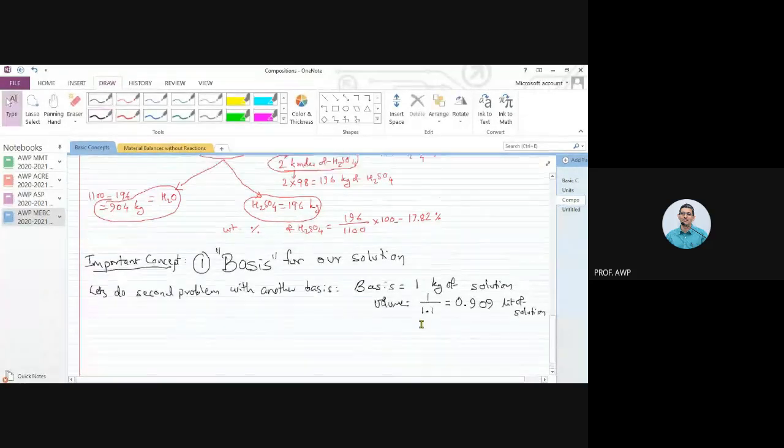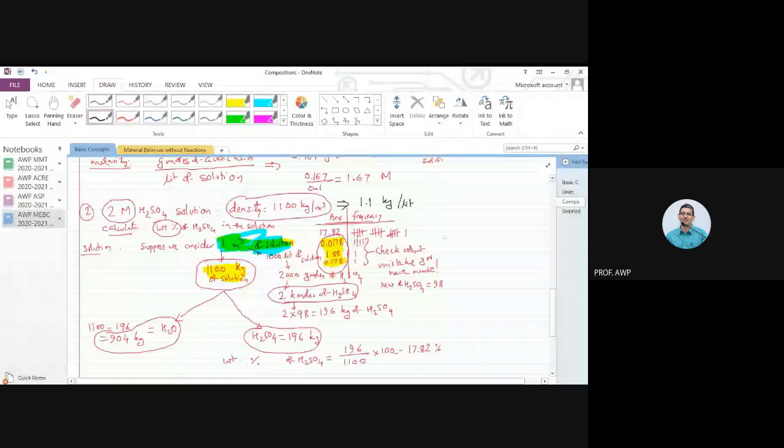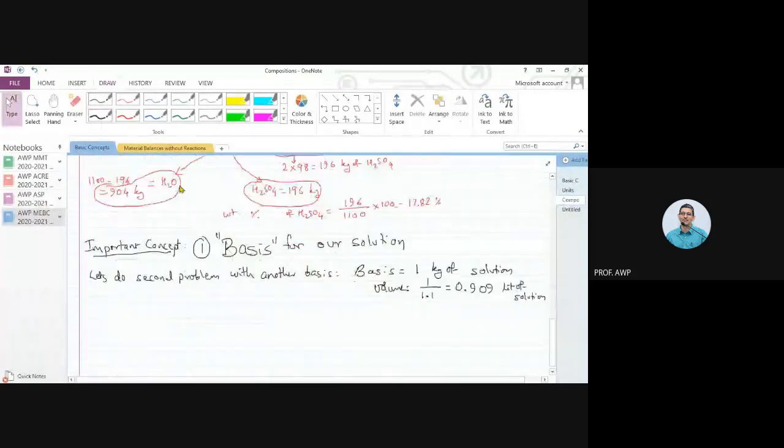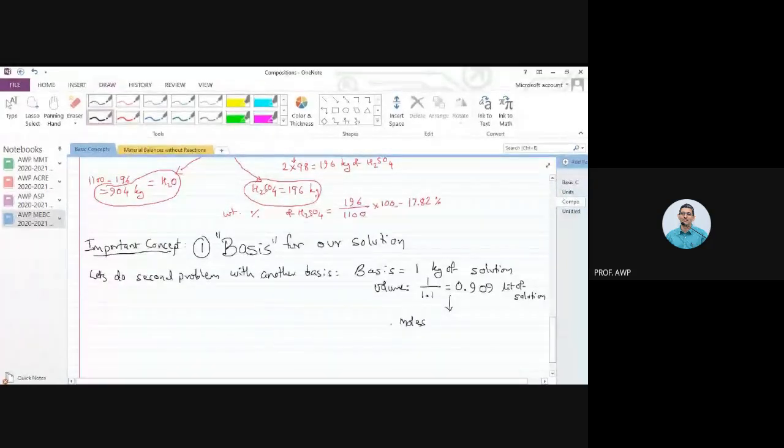Now molarity is 2 molar. That is the molarity of the solution. That means in this 0.909 liters of solution, moles or gram moles of H2SO4 would be 0.909 multiplied by 2.